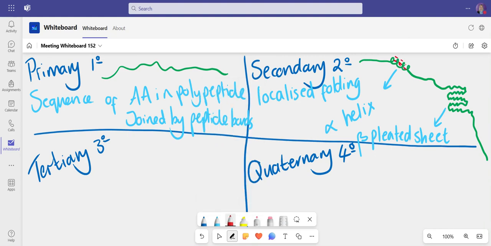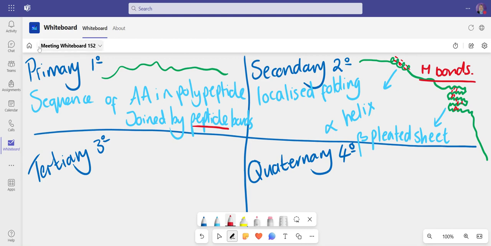So here, holding that alpha helix, and here, holding that beta pleated sheet, are hydrogen bonds. And you need to know the types of bonds. So we've got peptide bonds in the primary structure, and we've got hydrogen bonds in the secondary structure.